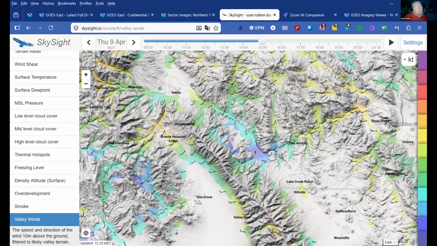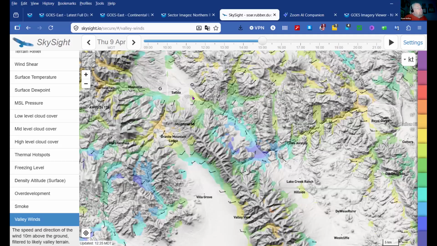This is new, not real new, but this is new. SkySight is working on a version of this to overlay this wind information with the glide range information. Experimentally they have it working in some segments of the Alps.